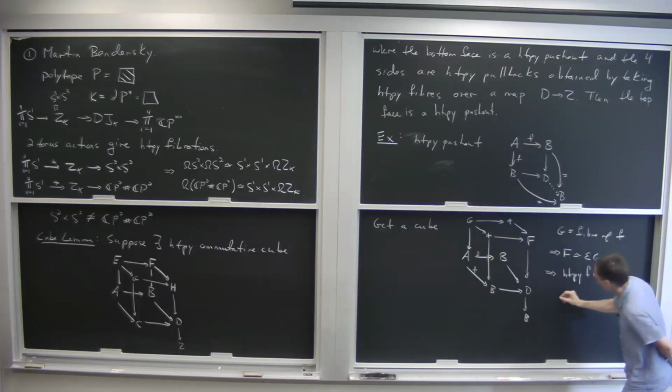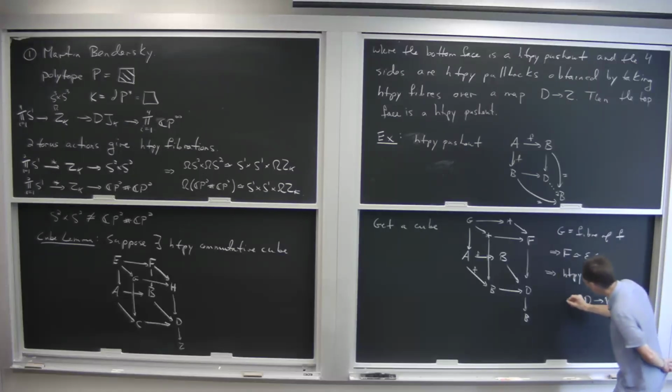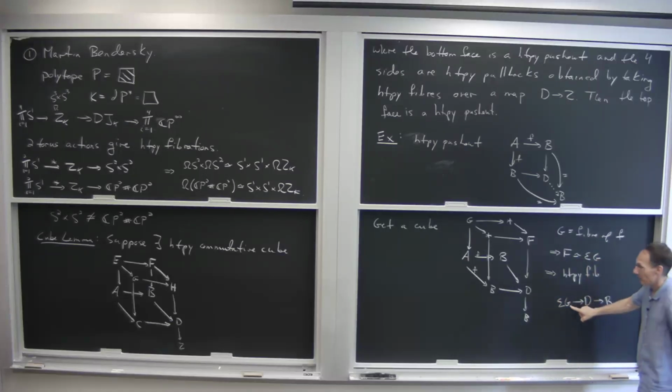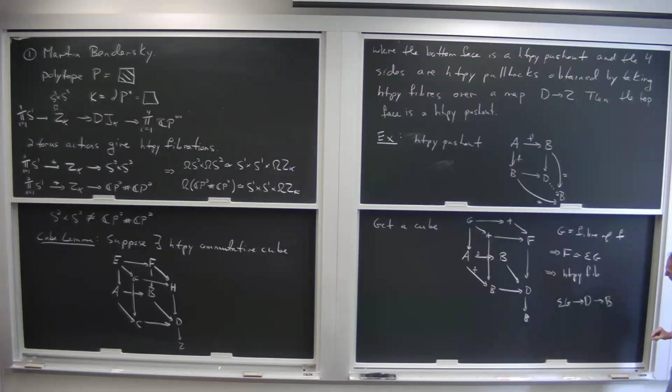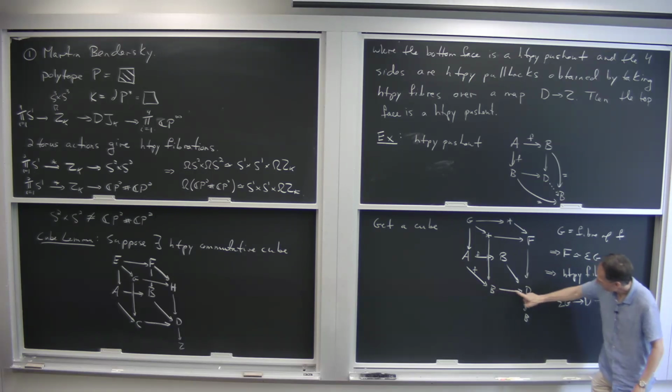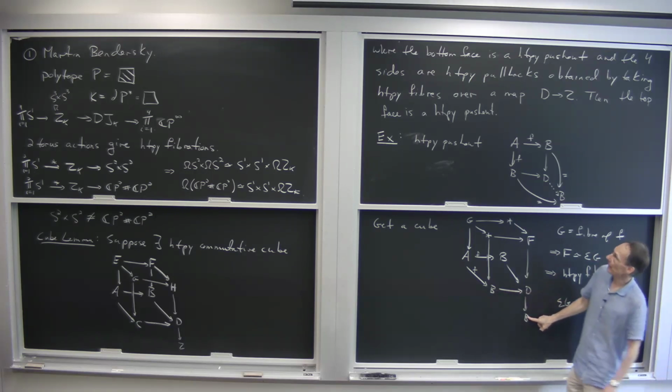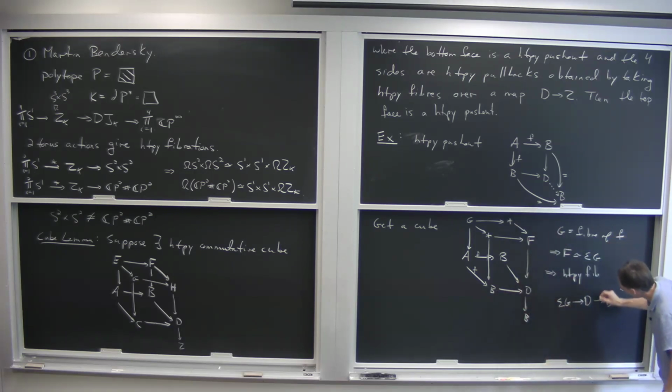Out of this, we get a homotopy fibration where we've identified the fiber of the map from D into B as the suspension of the fiber of the map from A into B. And this has a section, right? The map from B into D into B was the identity. So this will split after looping.